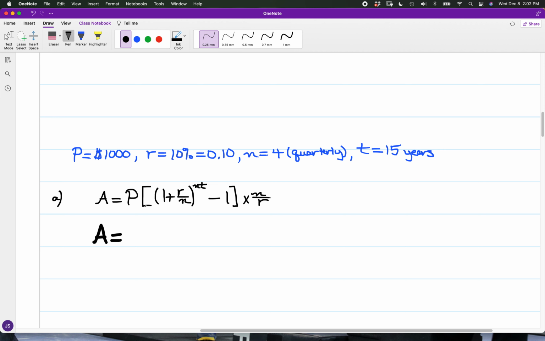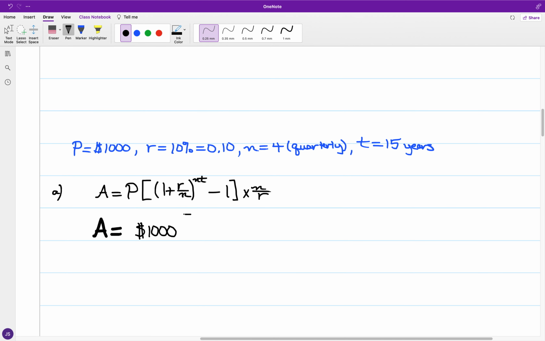Taking the contribution amount of $1,000, we have times the quantity. The annuity formula looks like an augmented version of the non-continuous compounding future value algorithm.